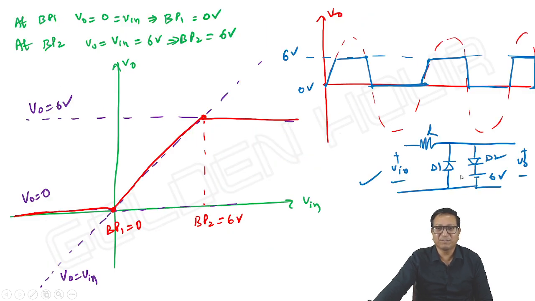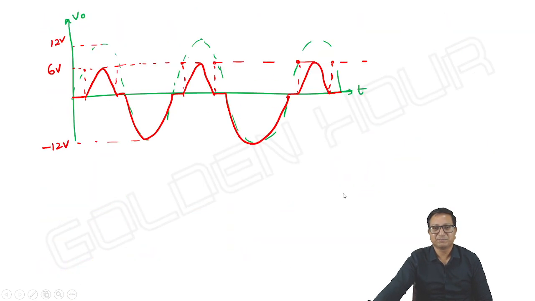So similar one, but instead of 6, we have 5. Means if the diode is ideal, the same transfer characteristics, similar waveform, instead of 6, I can write 5. But they have given the diode forward voltage drop as 0.7 volts. Then how do we do this problem?